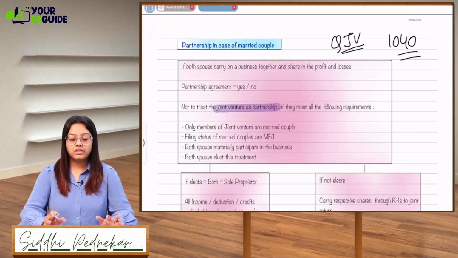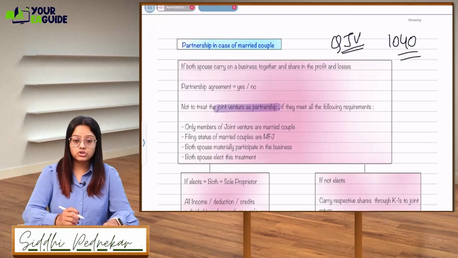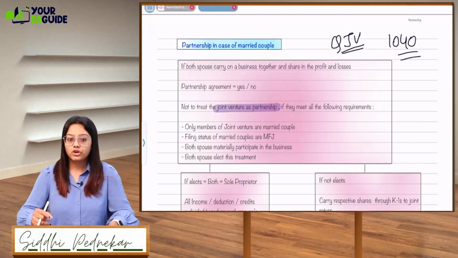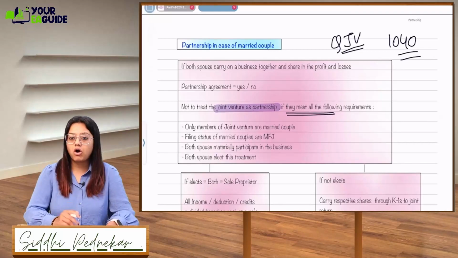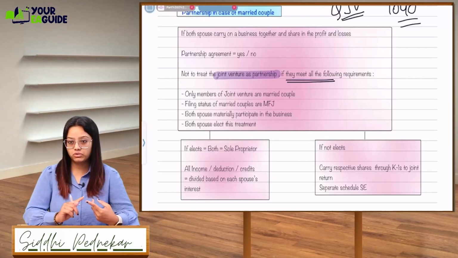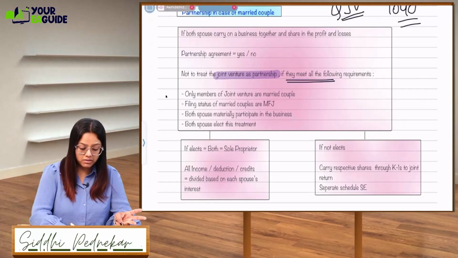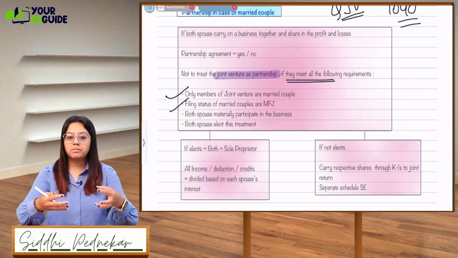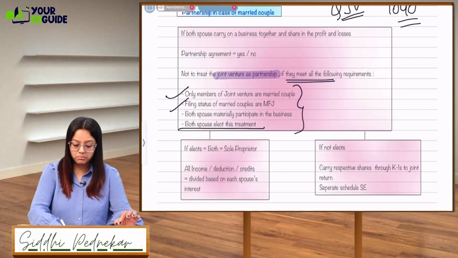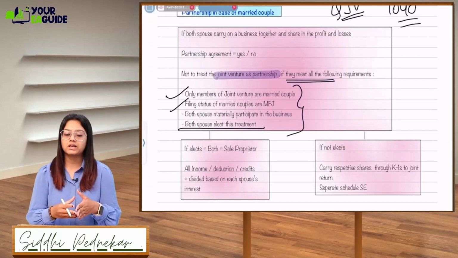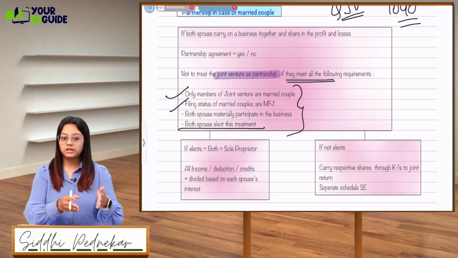So that is the case where they are going to elect out of this rule. So not to treat the joint venture as a partnership, they must meet all the following requirements. Only the members of the joint venture are the married couple, they both are filing an MFJ return, both spouses materially participate in the business, and both spouses elect this treatment. Okay, both should mutually agree to treat it as other than a partnership form.